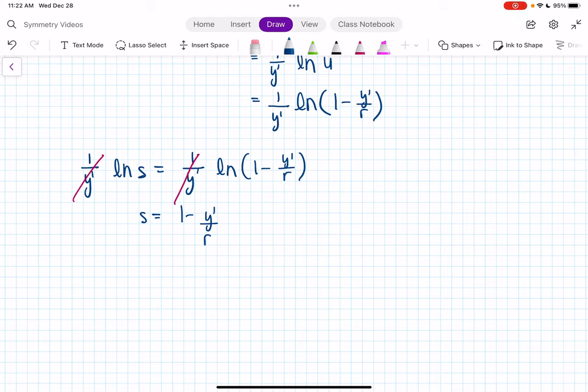So here, what we're going to have, now we want to rewrite it so it's going to say y prime equals. So we're just going to rearrange everything.